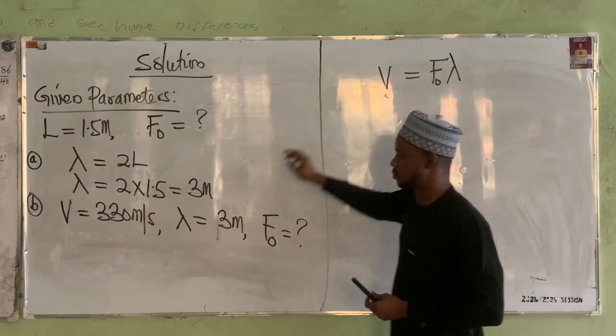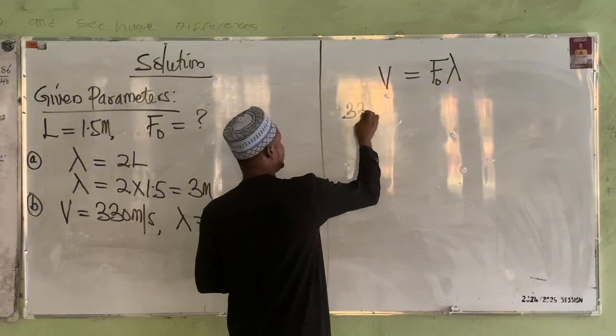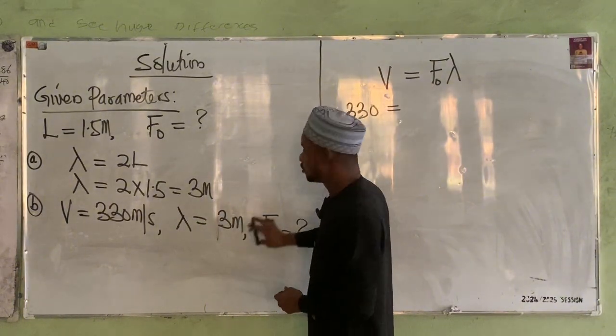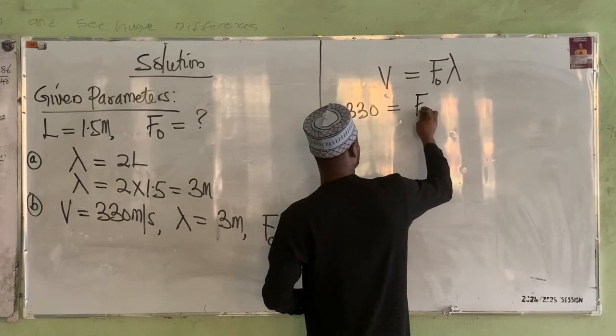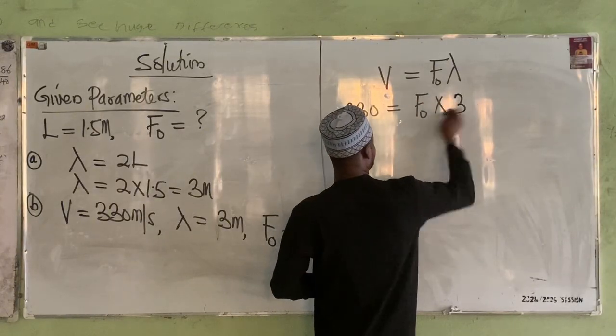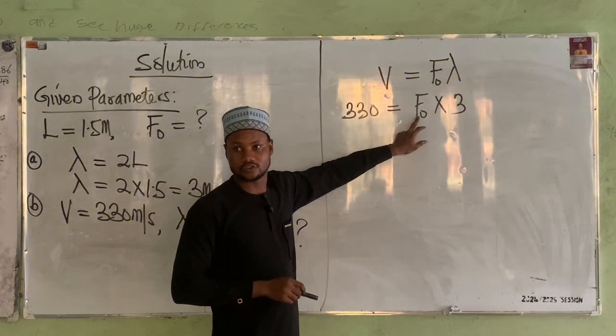So let's input the value of V here. What is the value of V, please, class? 330. So this is 330 is equal to, what is our F naught? It's not given, right? Okay, that is F naught here times, what is our lambda here, please, class? 3. But remember, our intention here is to find F naught. That is the purpose of this, to find F naught.